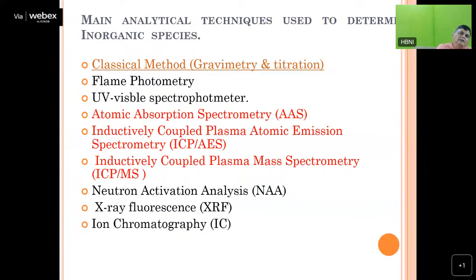The main analytical techniques used to determine different inorganic species in the classical methods, like I told you, are gravimetry and titrations, flame photometry, UV-visible spectrophotometry, and then atomic absorption spectrophotometry. For the atomic absorption spectrometer, if it is a flame, we say FAAS, and if it is graphite, we say GFAAS. Then there is inductively coupled plasma atomic emission spectrometry.